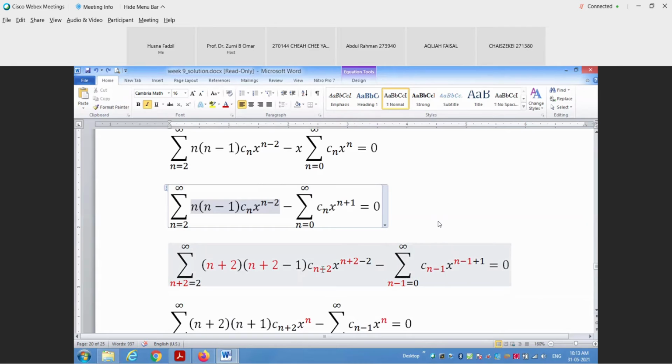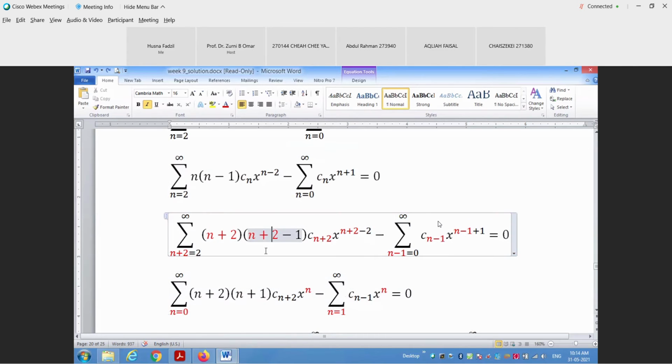In the first example, I changed both powers to x to the power of n. I change x to the power of n minus 2 to the power of n, and the same here, x to the power of n plus 1 to x to the power of n. In order to do that, in the first series you replace n with n plus 2, while in the second series you replace n with n minus 1.